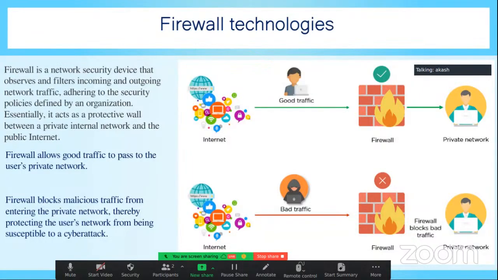For all the incoming and outgoing traffic, it checks whether that particular traffic should be allowed or blocked. That is the decision the firewall takes, and it also depends on the policies defined by the network security administrator or by the organization.